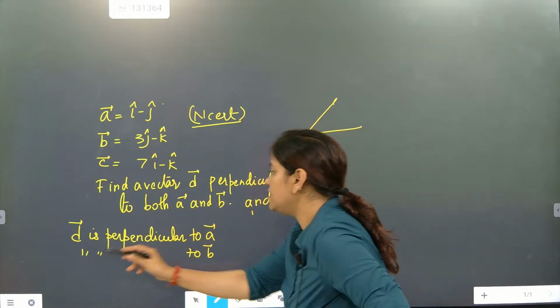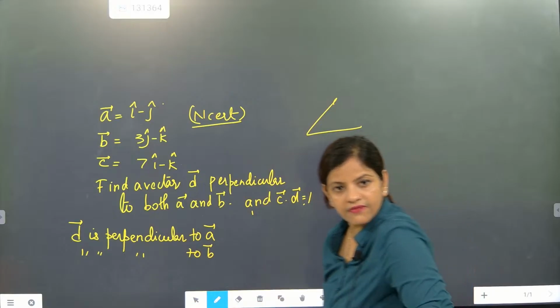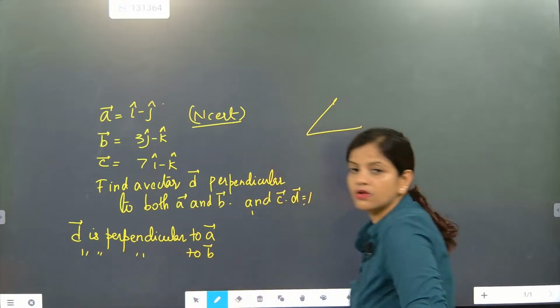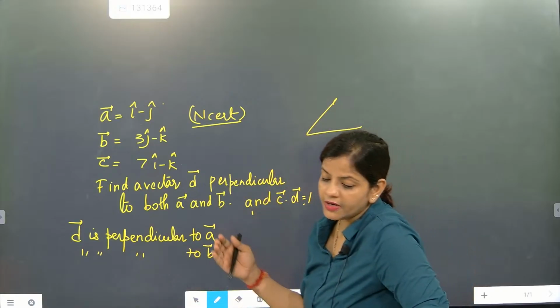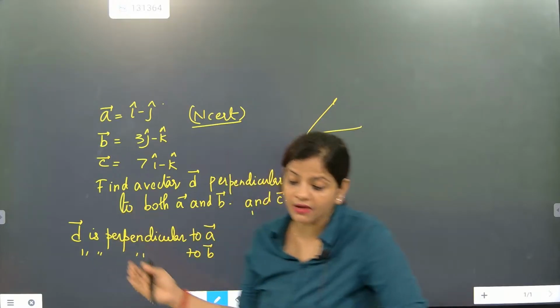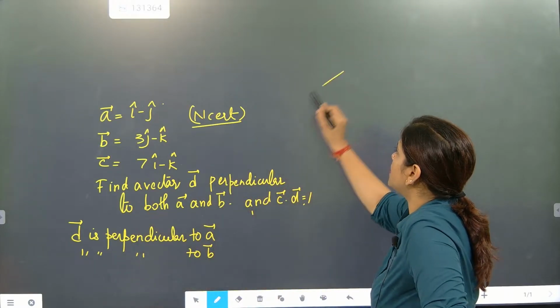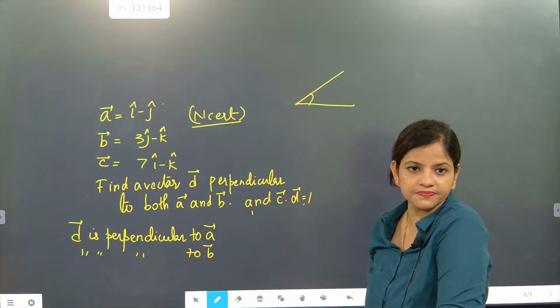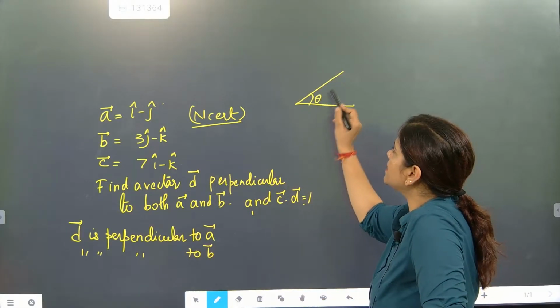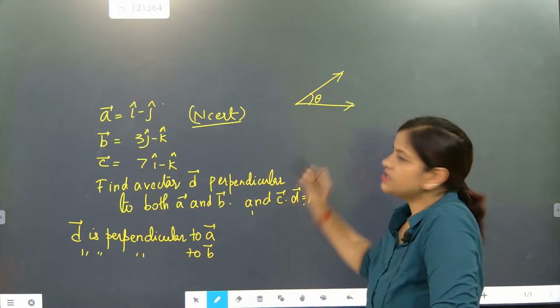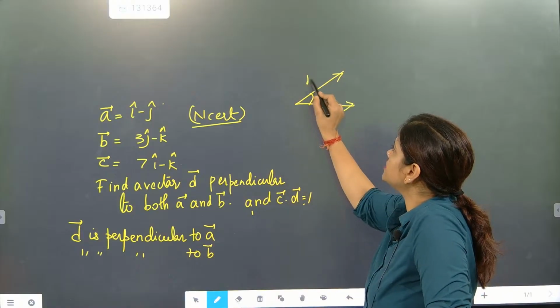So here you write D vector is perpendicular to A vector. D vector is perpendicular to B vector. So 100% D vector will become parallel to A cross B vector. So A cross B, we know, can be written like this. A cross B means angle subtending theta. This is A vector and this is B vector.